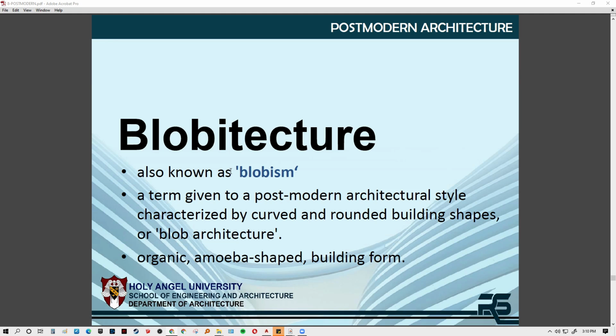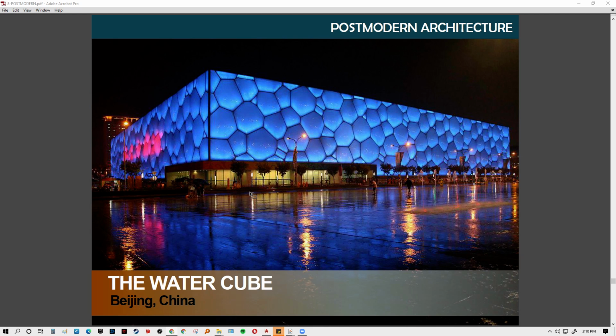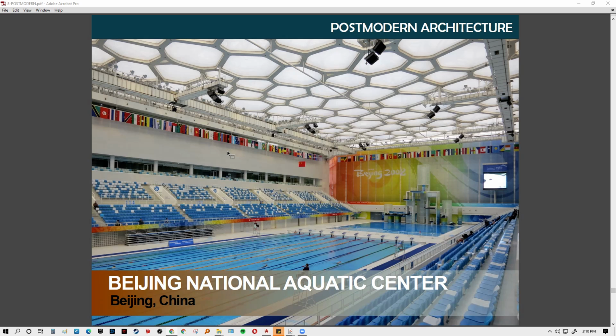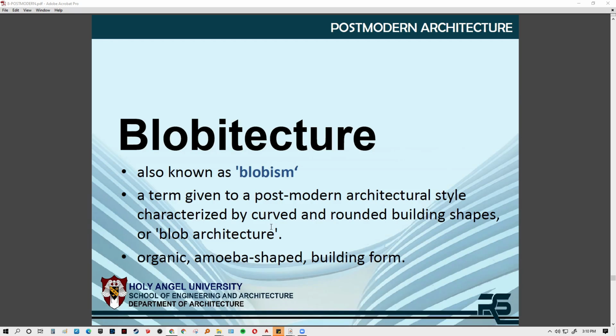Then we have blobitecture or blobism, a term for a postmodern architectural style characterized by curved and rounded building shapes like a blob, an organic amoeba, and building form. With this one in Beijing, China, this is the Beijing National Aquatic Center near the Nest, or what do you call this again?